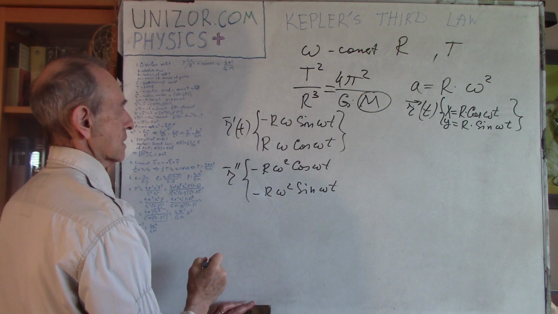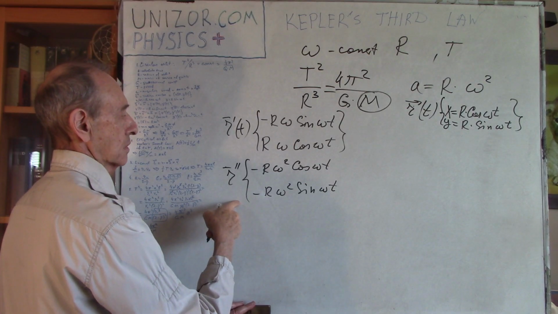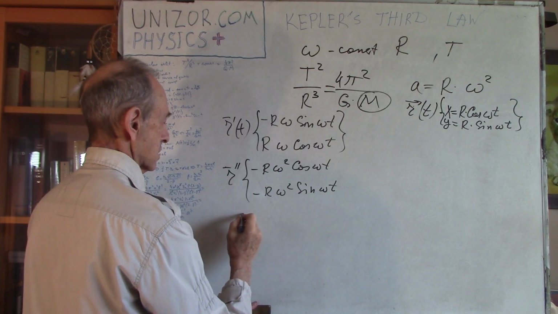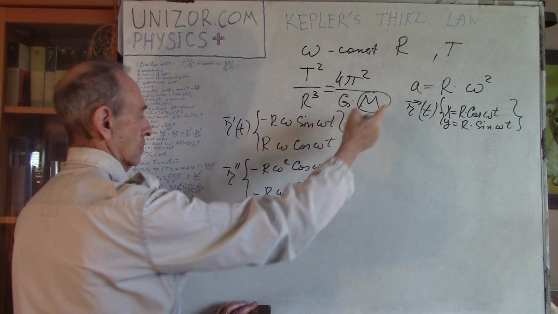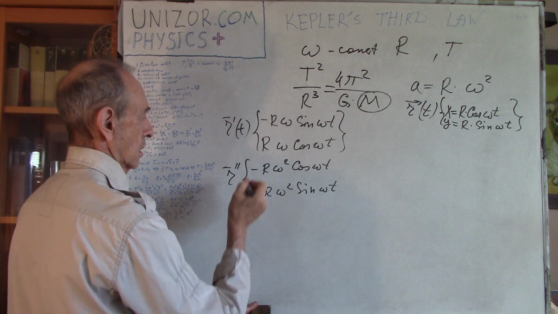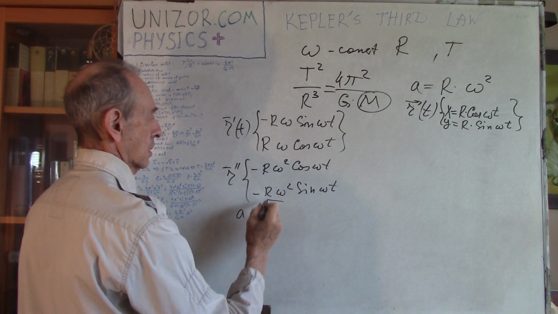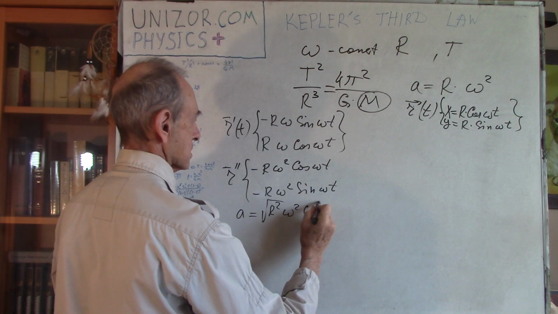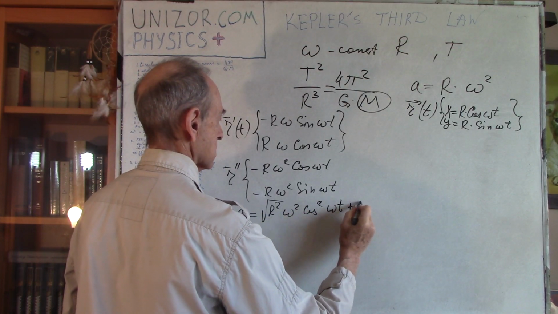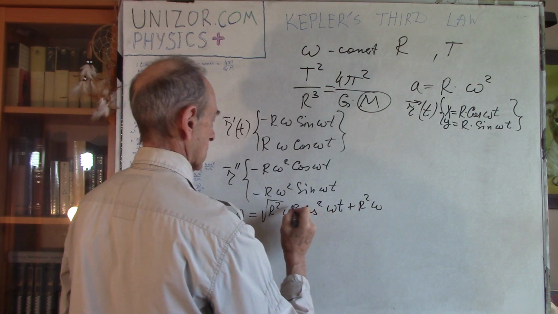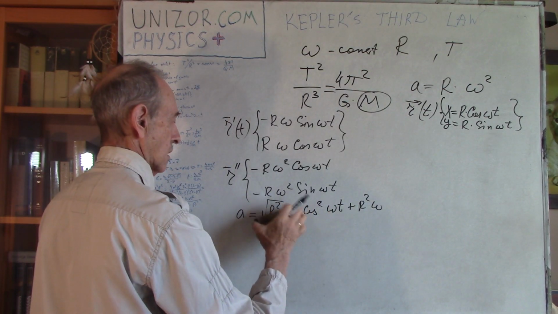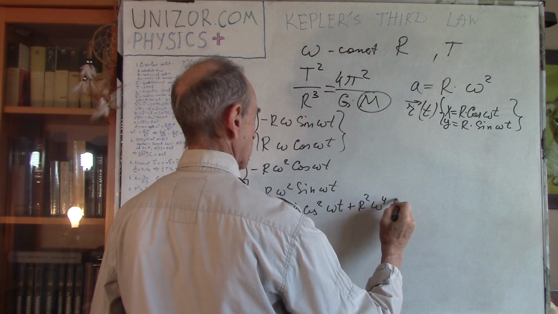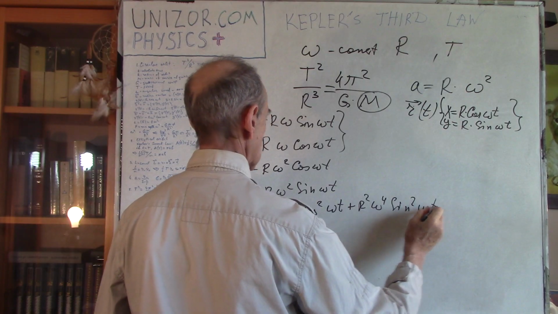So that's my vector of acceleration, and its magnitude, which I call a, would be the square root of r squared omega to the fourth cosine squared omega t plus r squared omega to the fourth sine squared omega t.